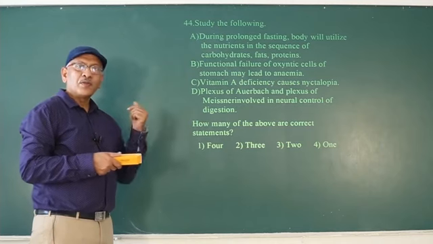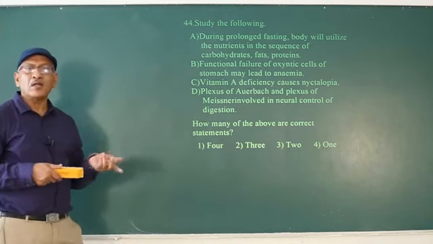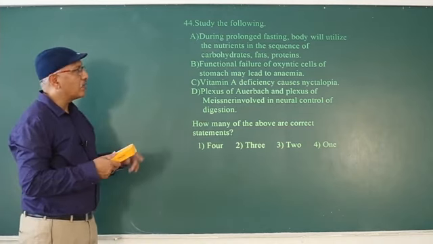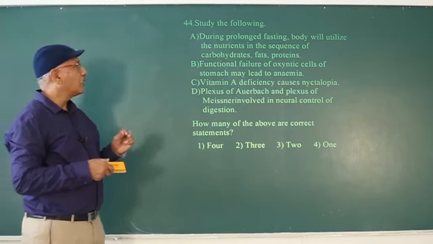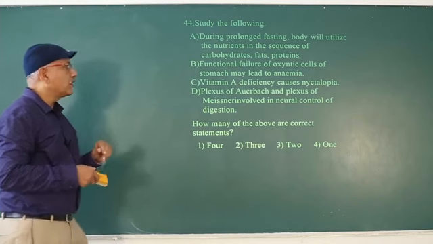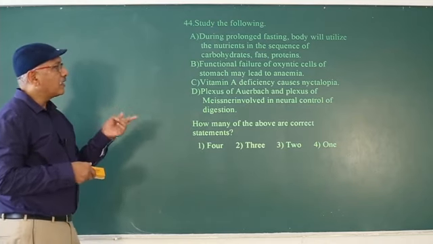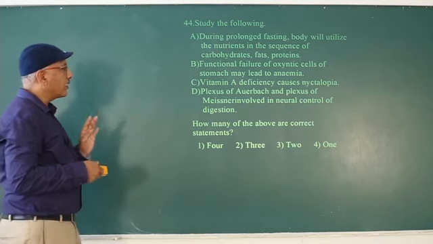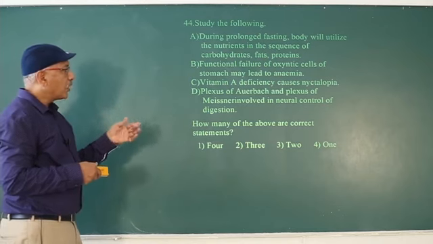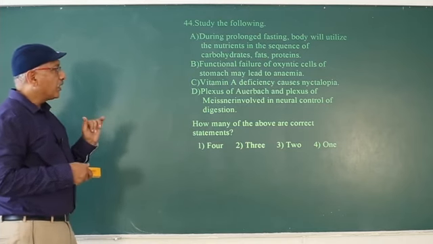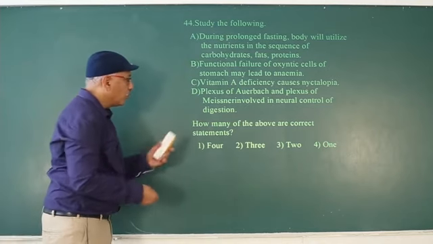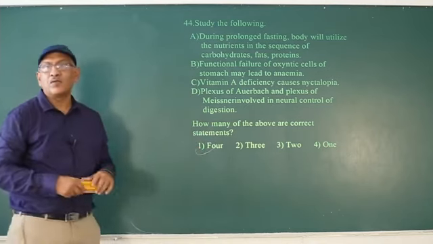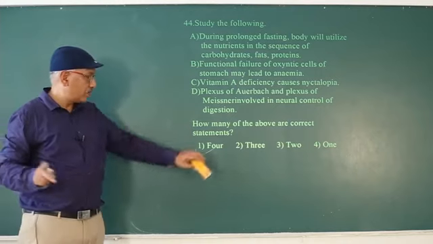If vitamin B12 is not absorbed, one suffers from anemia, pernicious anemia. So that is also correct. Vitamin A deficiency causes night blindness. Correct. Plexus of Auerbach and plexus of Meissner are involved in neural control of digestion. So correct. How many of the statements are correct? All 4 statements are correct.